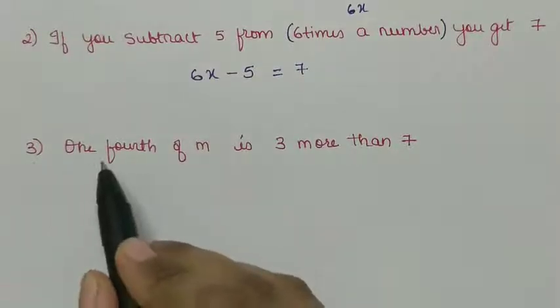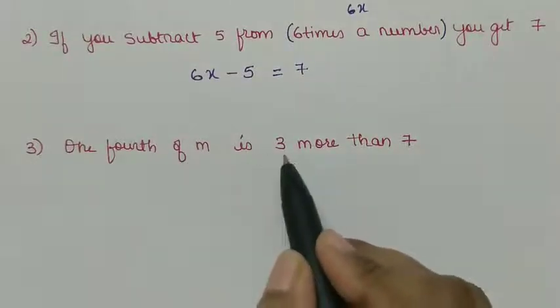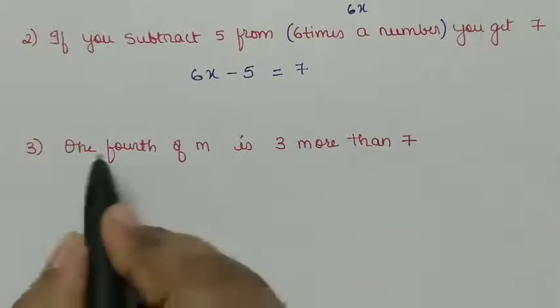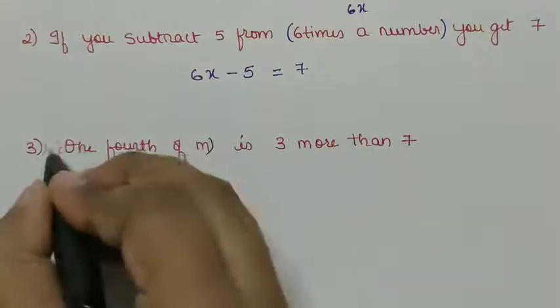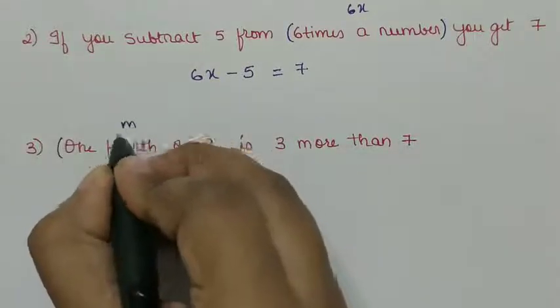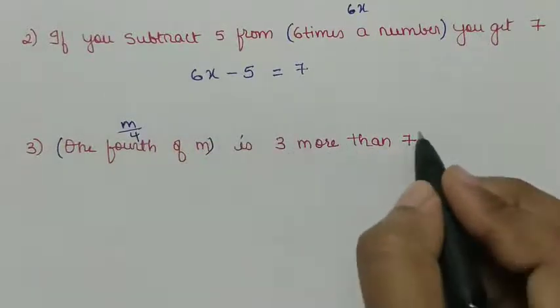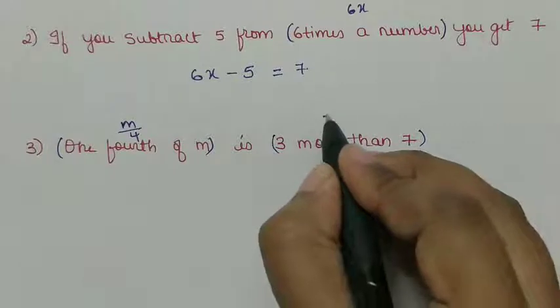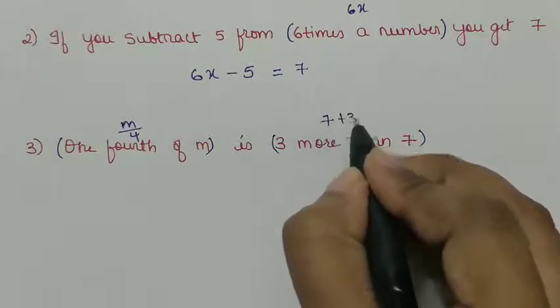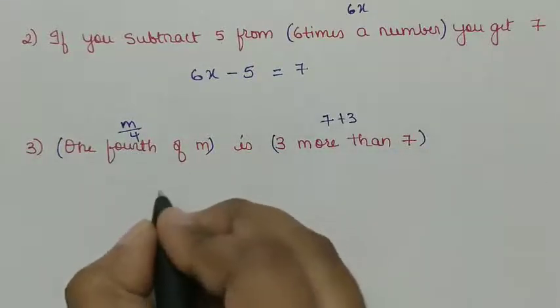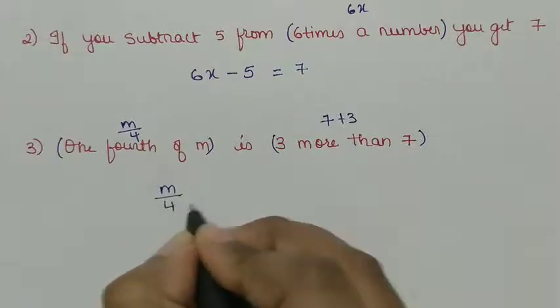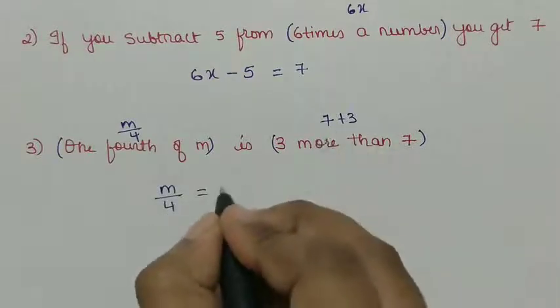Third one, 1/4 of m is 3 more than 7. 1/4 of m, that means m by 4, is 3 more than 7, that is 7 plus 3. Therefore, m by 4 is equal to 7 plus 3.